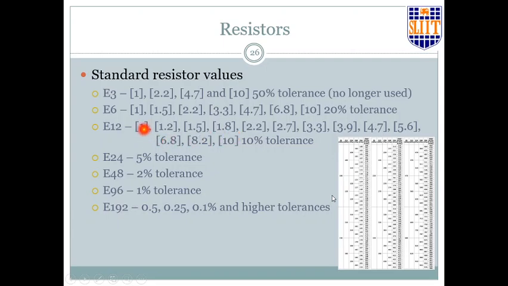So this is actually the starting point of the next decade. Right? So the values are 1, 1.2, 1.5, 1.8, 2.2, 2.7, 3.3, 3.9, 4.7, 5.6, 6.8, 8.2 and that's it.